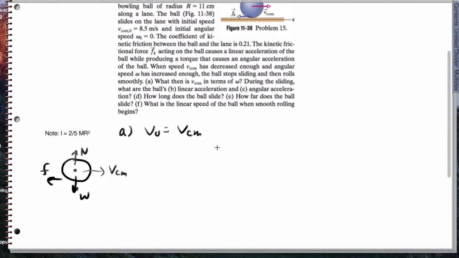So to start with, what we're saying is, let's get to the point now where we're rolling without slipping. That part is straightforward and pretty easy in that there we're just going to say V over R is what that is. So basically V center mass is just going to equal omega times R, whatever that is.